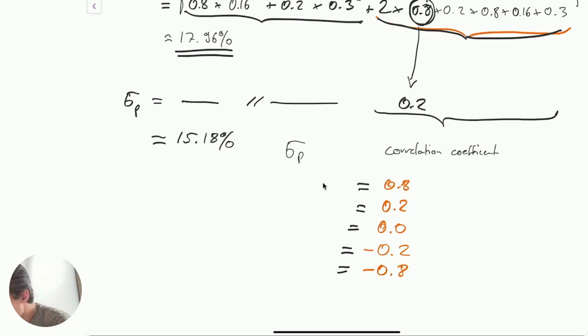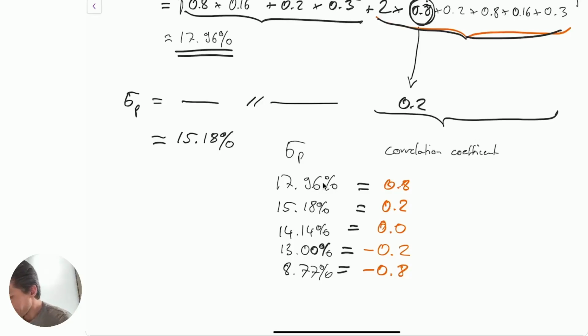We had this before, 17.96%, 15.18%, 14.14%, 13.00%, 8.77%. And you can see here, the lower your correlation coefficient, especially if it moves in negative directions or in opposite directions, then you achieve very high diversification.